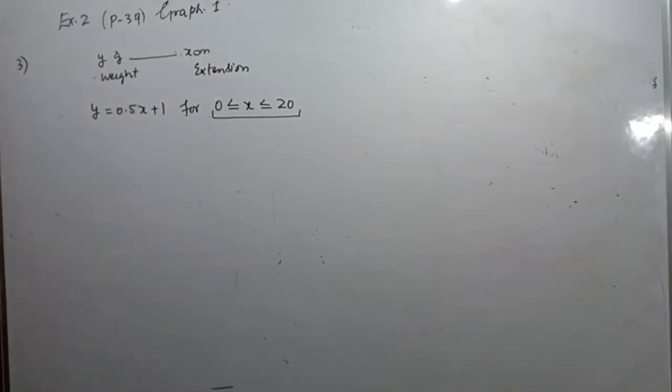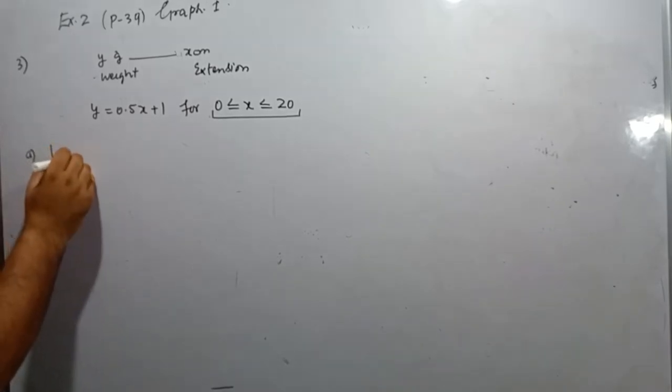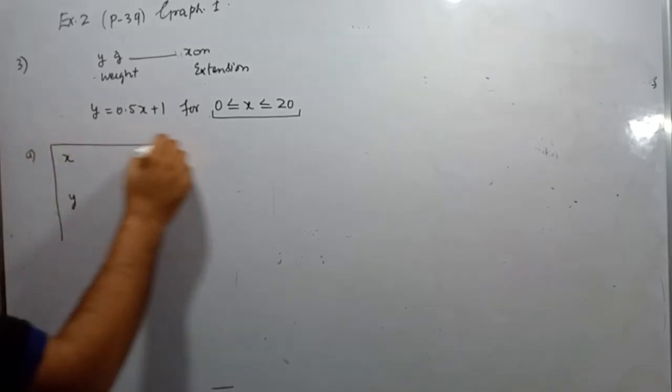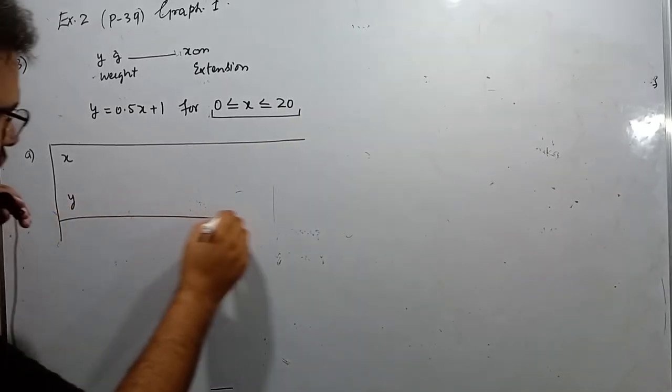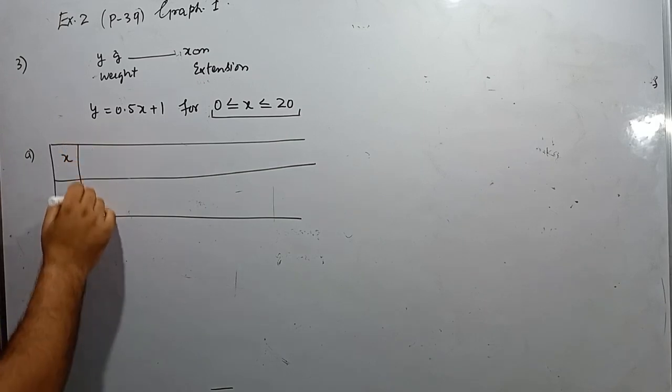Now what we will do, the first part is draw the graph of y against x for 0 is less or equal to x is less or equal to 20. So for first part, I will write here x, here I will write y. What is the range? Range is from 0 to 20.